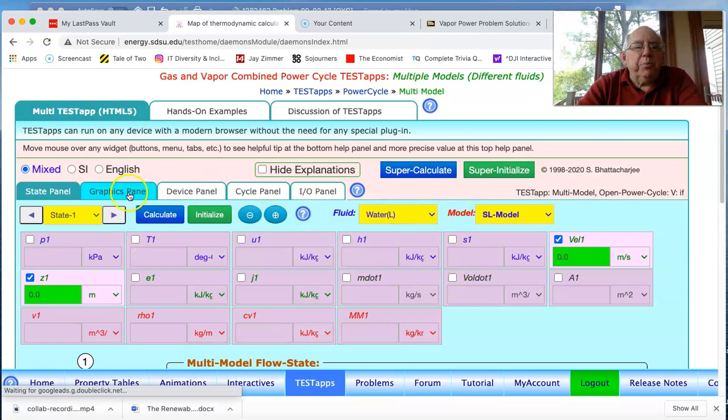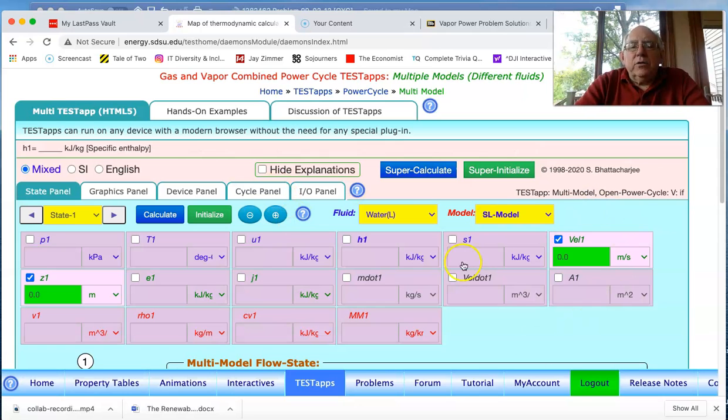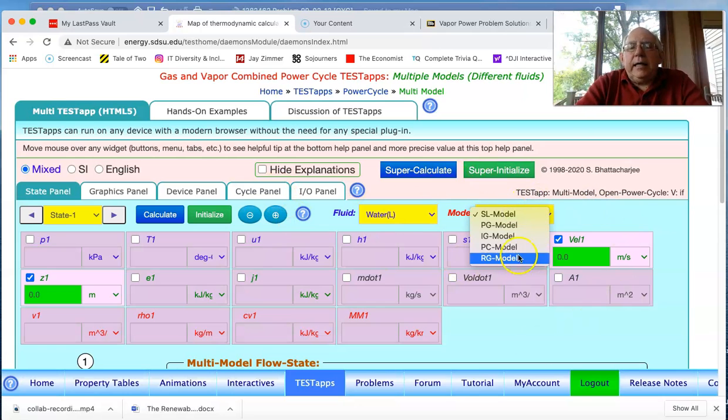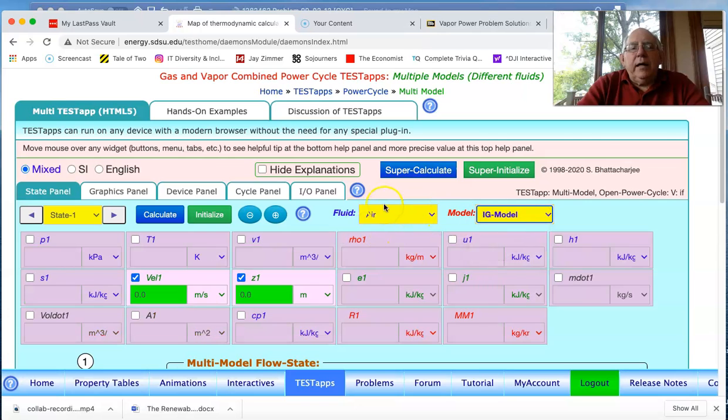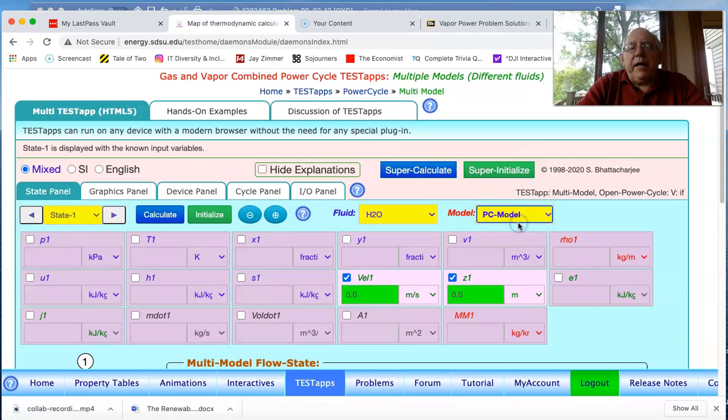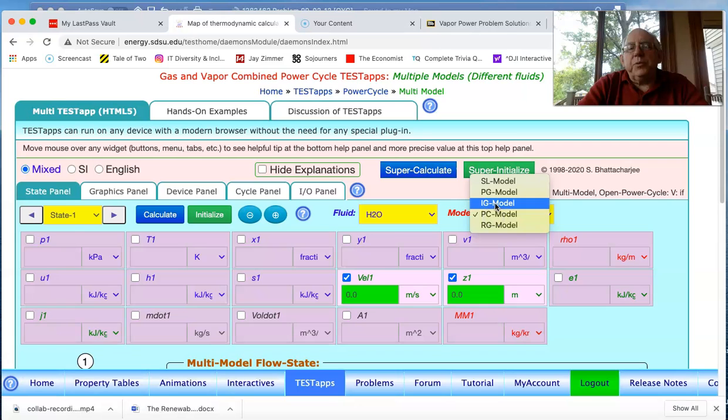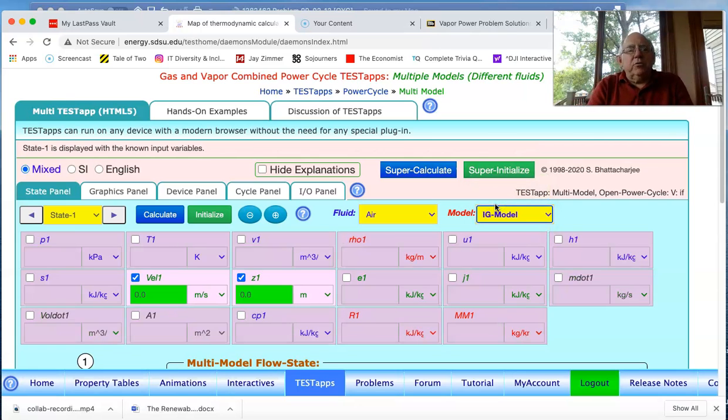I'm now going to bring in the various states, and you'll see that by selecting the ideal gas model for a given state, you can then have any ideal gas. If you select a phase change, it will default to water. So in this particular solution, the first 7 states will be ideal gas air, and the remaining states will be water.